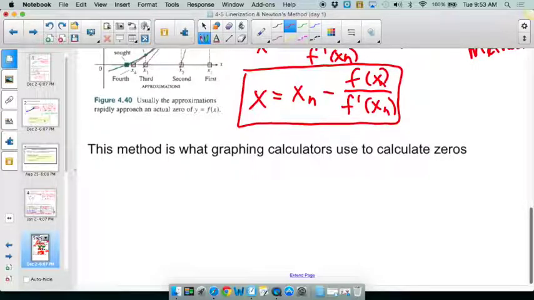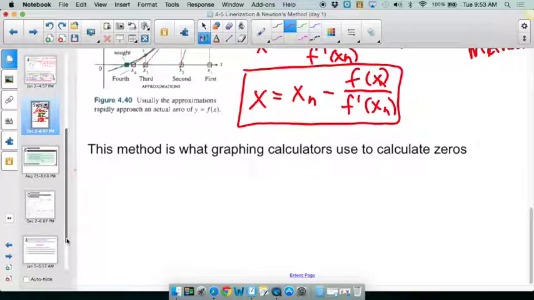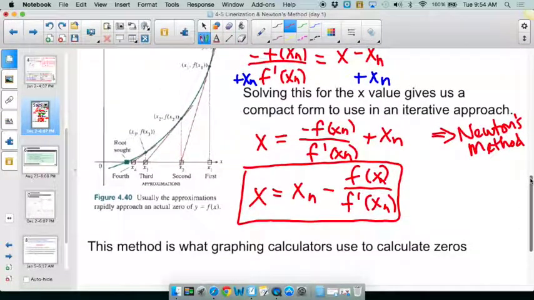So we're going to try this on one of the examples. So any questions about the notation before we try this on a physical example? Just like the linearization, we're looking at getting 3 pieces of information: an x value, a y value, and a derivative value. And using them in linearization, we were using those in a slope point form. And in Newton's method, we're using them in a slope point form rearranged to solve for x.